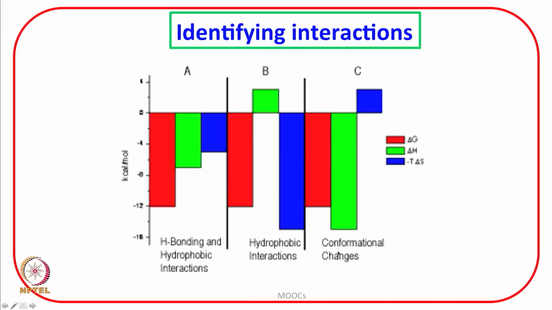Conformational changes can be in the ligand also, and conformational changes are also possible in the protein. We will discuss these conformational changes a bit later, and also how to connect these thermodynamic quantities with the conformational changes.